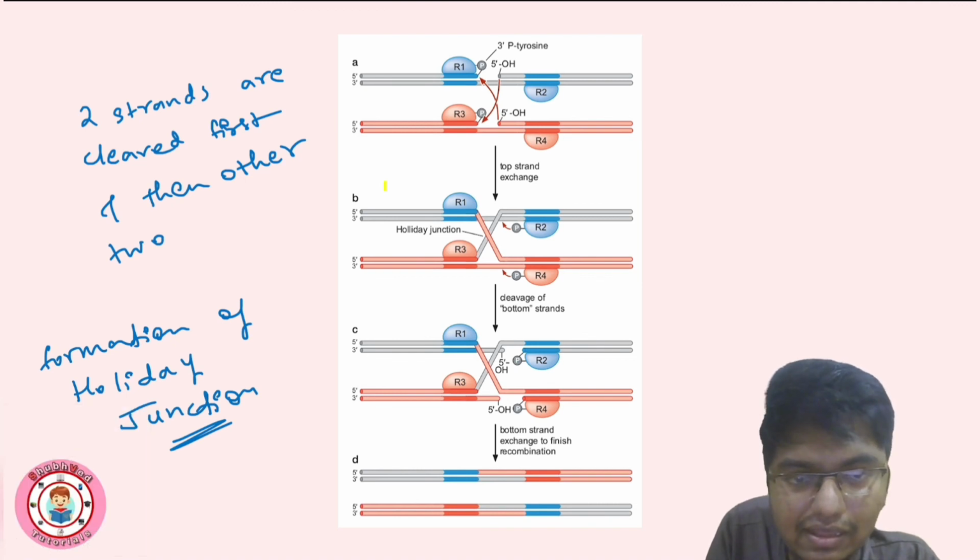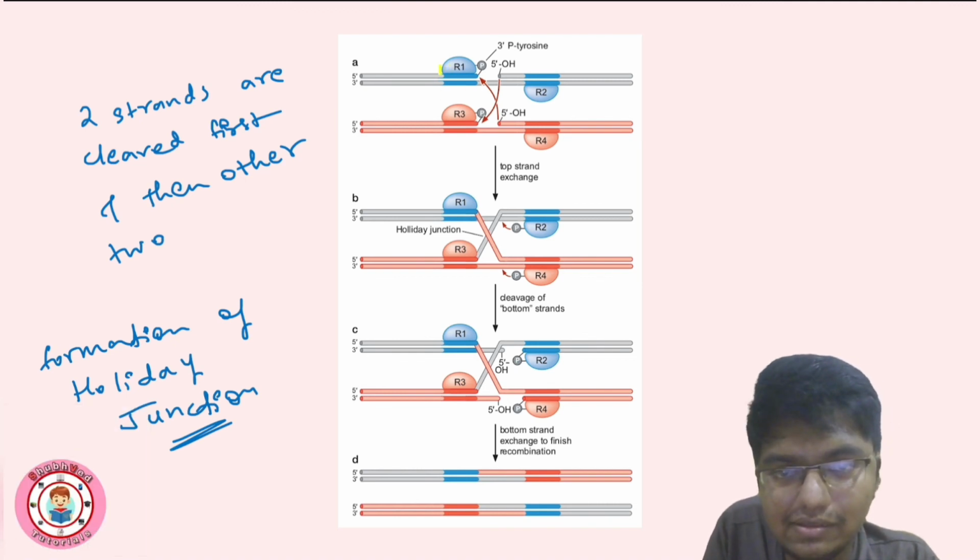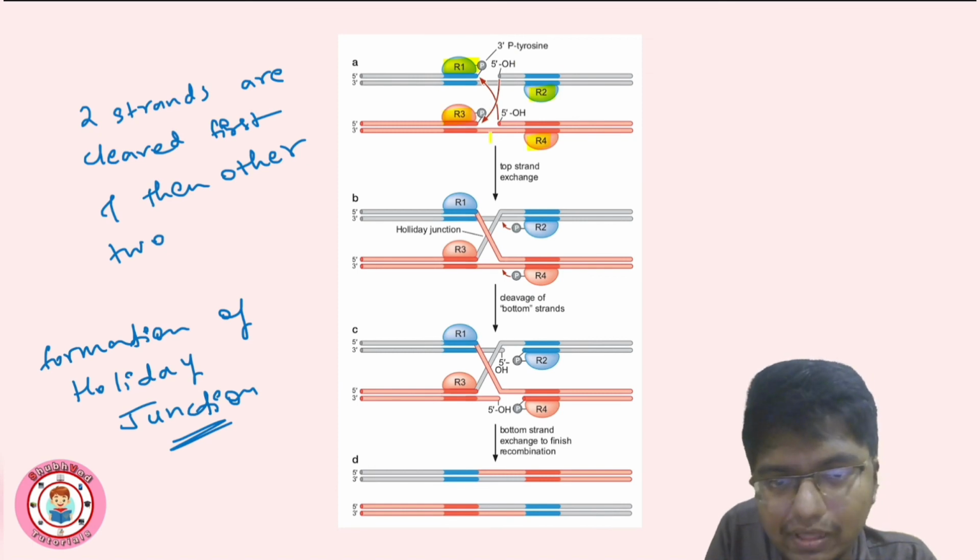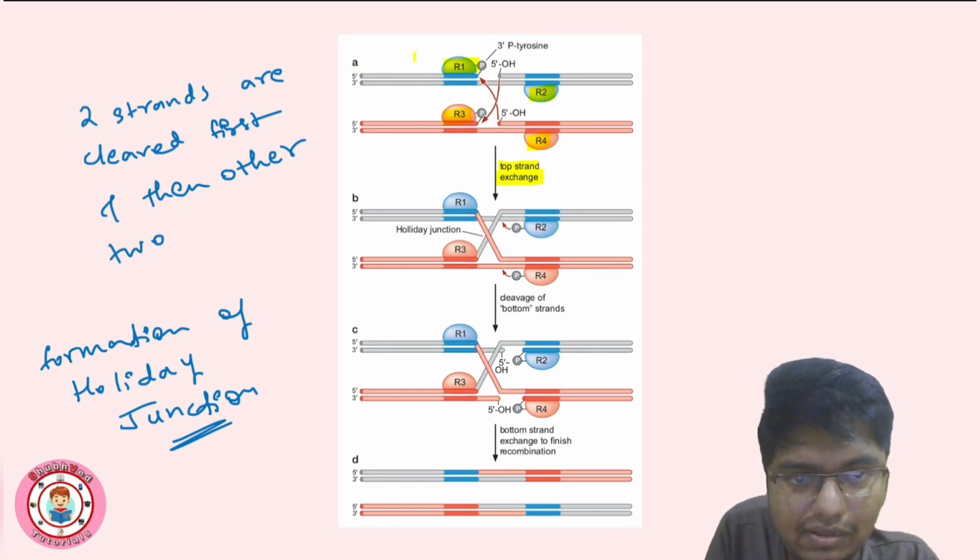Let's see. Here R1, R2, R3, R4. First of all, top strand cleavage means this strand is cleaved first from the first pair and from the second pair. Top strands are cleaved. So R1 and R3 are cleaving the strands. Here the 5' OH is there.